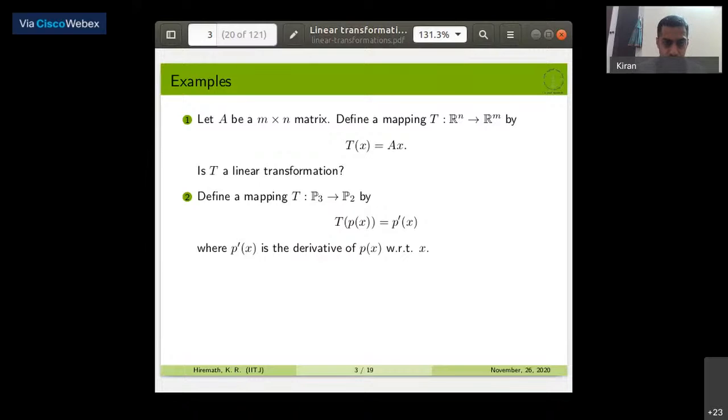So we have to say less than or equal to. And let us define the mapping T acting on an element p as the derivative of p with respect to x. Is this T a linear transformation? Can we use the same approach that we used to address the first question, that is, the basic definition of linearity?